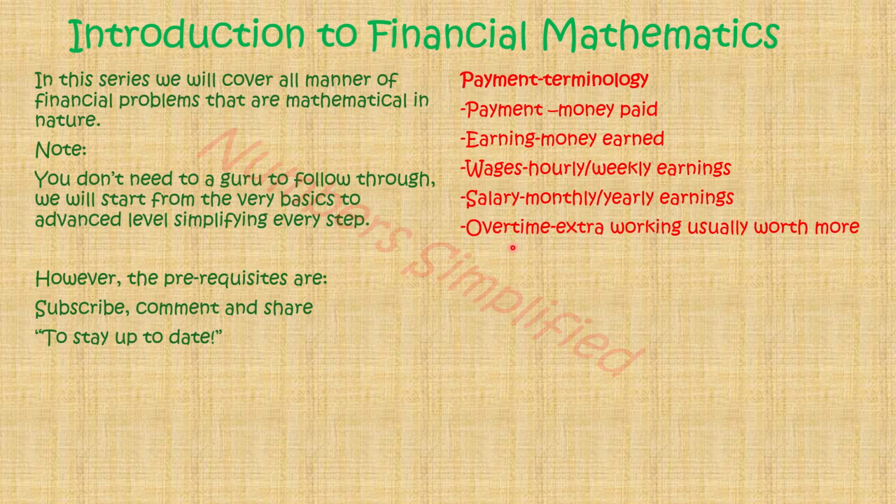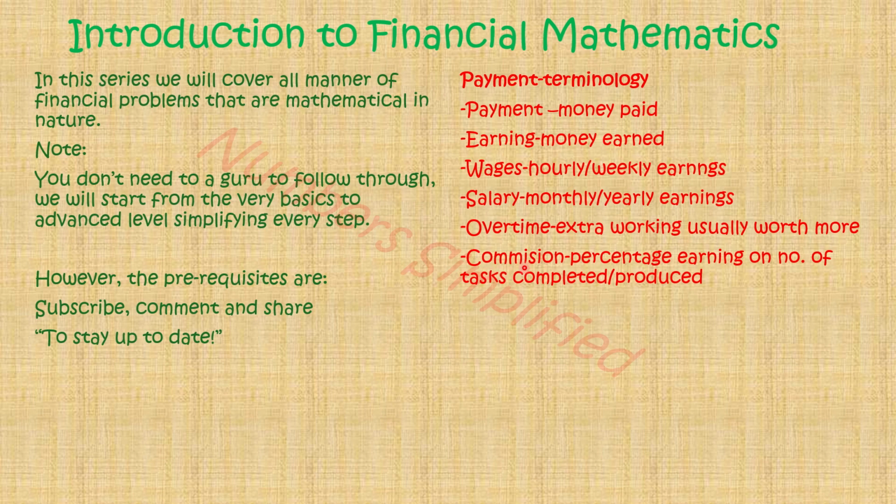This is the extra working hours, and it's usually worth more in value compared to other forms of earnings. So the commission is more of a percentage earnings on the number of tasks completed or produced. And lastly, we have piecework. These are earnings per task completed or produced.